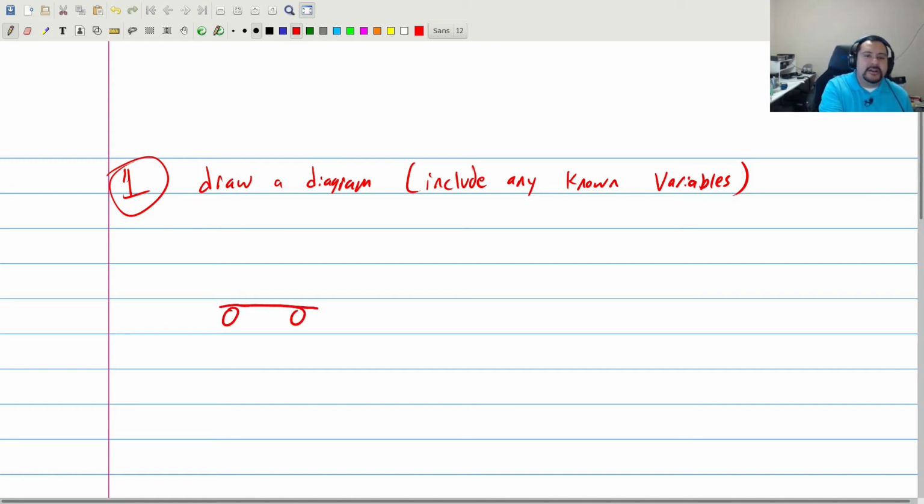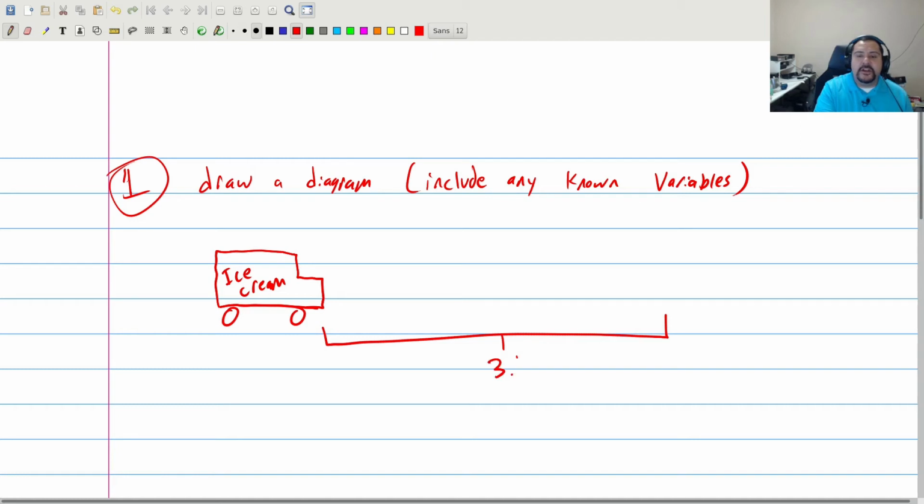Here is my ice cream truck. All right, and we measured that ice cream truck went from here to over here, which was a distance of 3.15 meters. So that's going to be equal to D. I also found out that the time it took was 10.85 seconds.